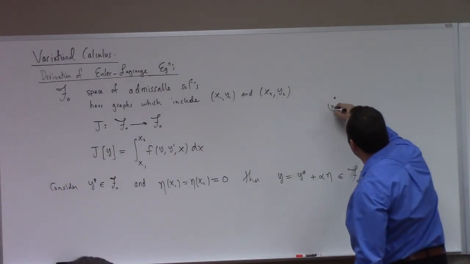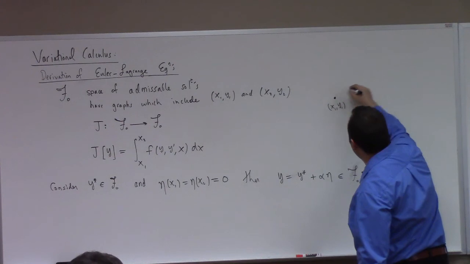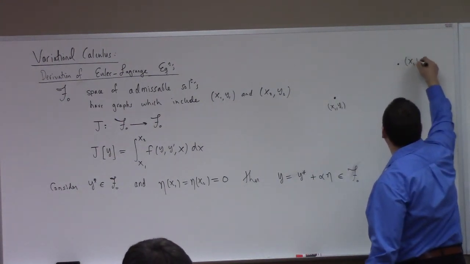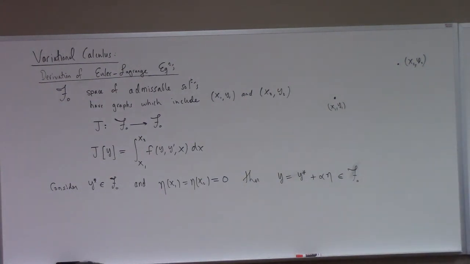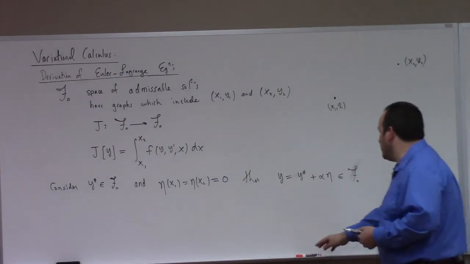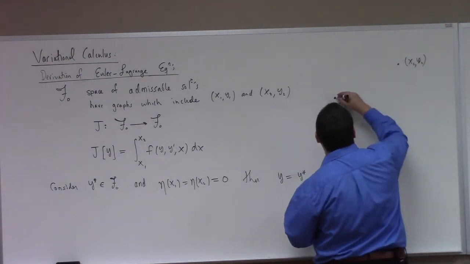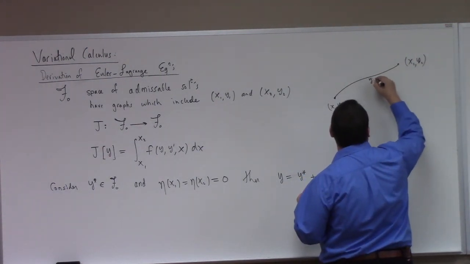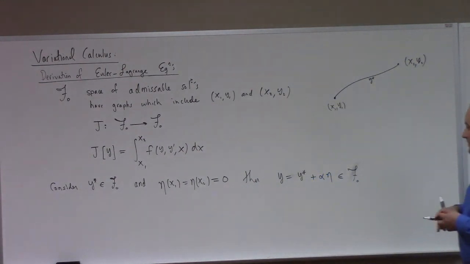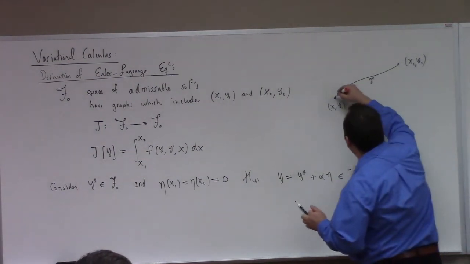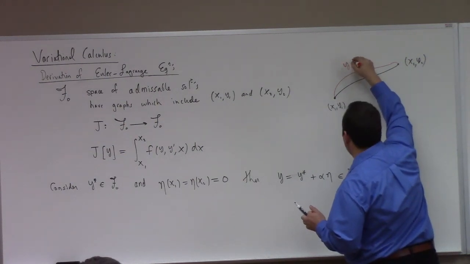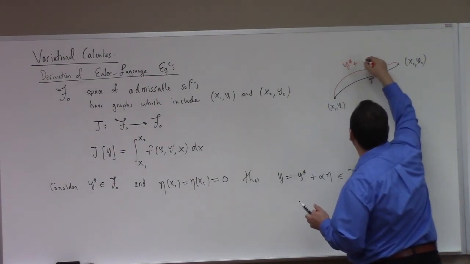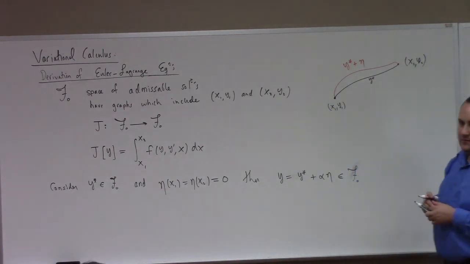It's helpful to draw a picture. So here's my point (x1, y1). Here's my point (x2, y2). The graph of y star is whatever it is, like that maybe. Perhaps here's y star plus eta, that would be alpha equals 1.